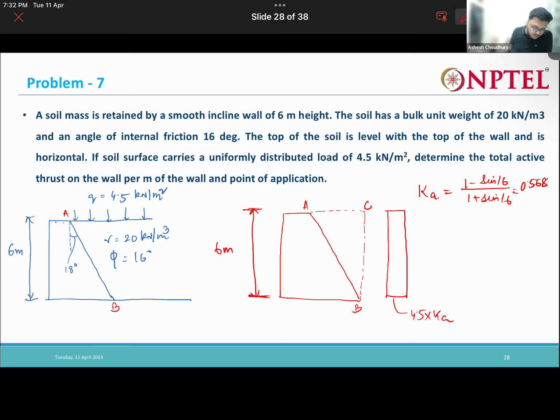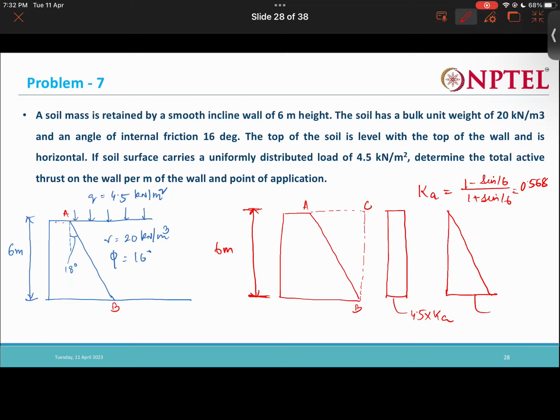Next, due to the soil there is one triangular variation. This is how much? K into 20 into 6. So this is 1, this is 2.